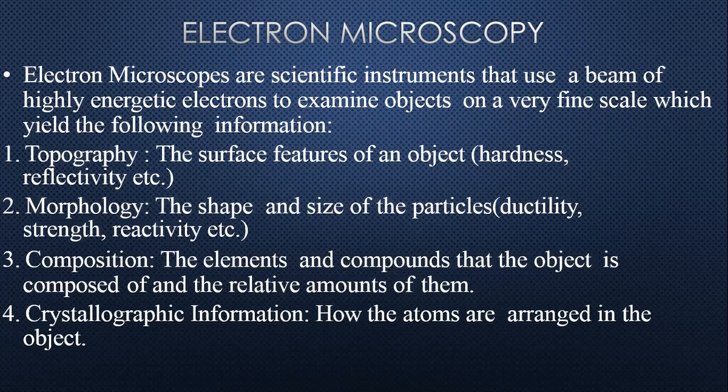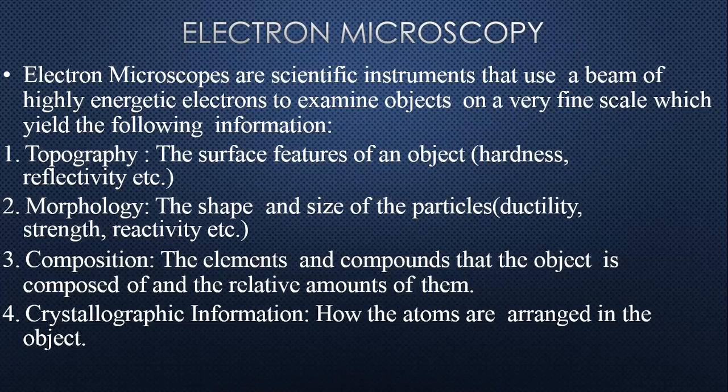The last one is the crystallographic information. We can see how the atoms are arranged in the object, which we can easily identify using electron microscopy.